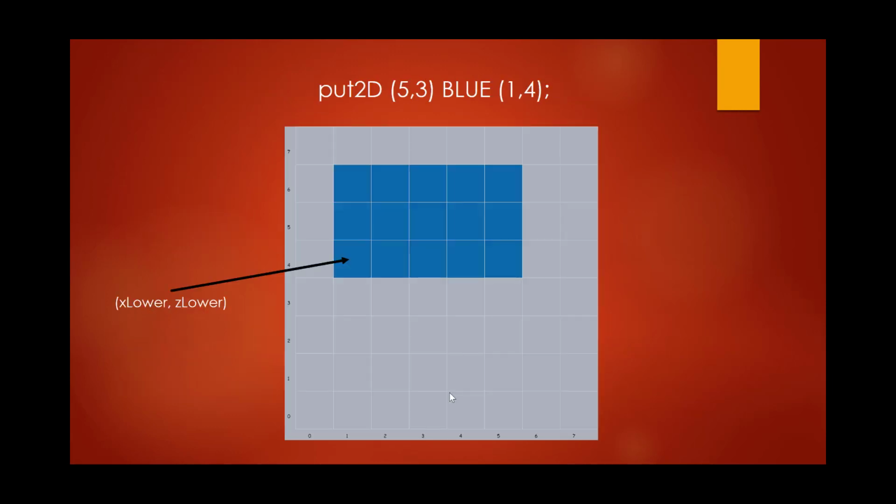And so here's the graphical representation of that. So this is where x lower and z lower is, which in this case would be 1, 4. Here's the upper right corner, using this formula to figure this stuff out. Here's another interesting one, the free cell that's immediately above, adjacent to this rectangle.